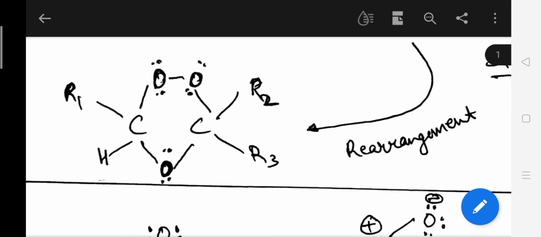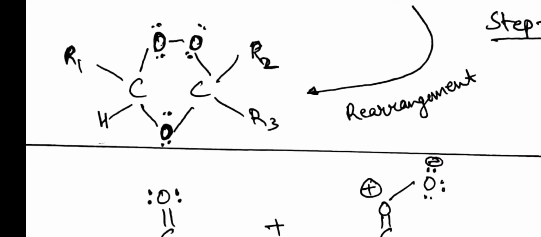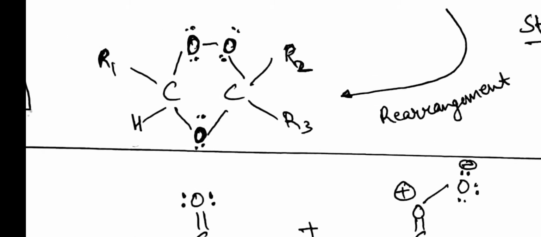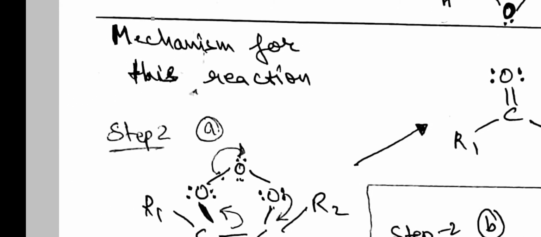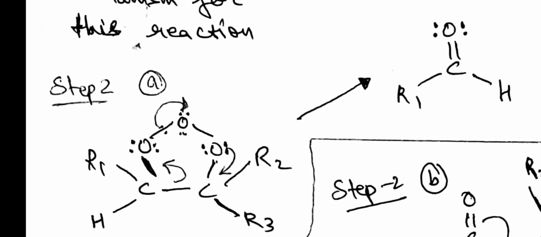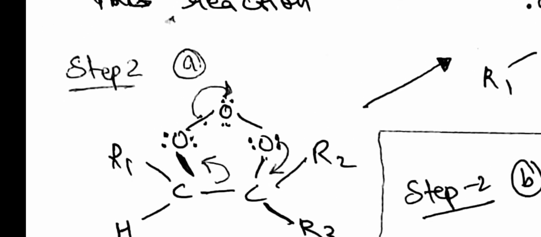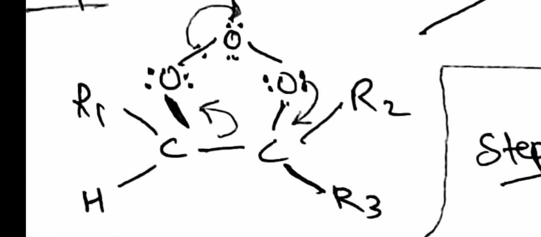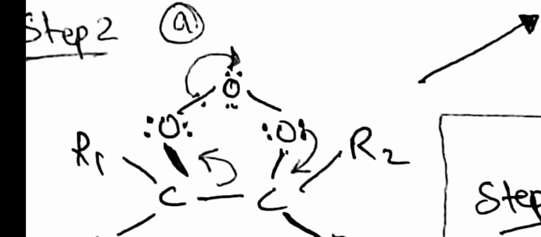So what is the mechanism for this rearrangement? I'm going to present a very small mechanism, which will be the basic step for this conversion. As you can see, what do these arrows indicate? The first part of step 2 is that this single bond breaks and is transferred to the oxygen atom of the carbon 1 atom, and then the topmost oxygen atom gains the electron from the left oxygen atom.